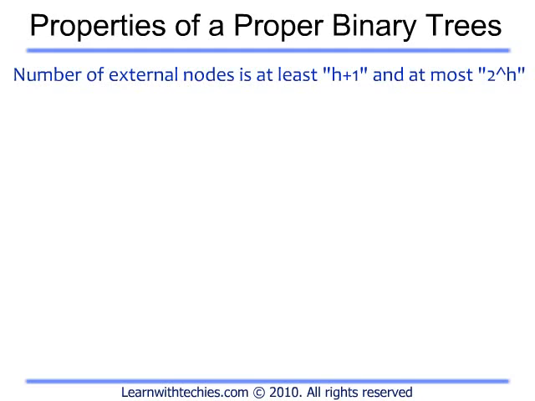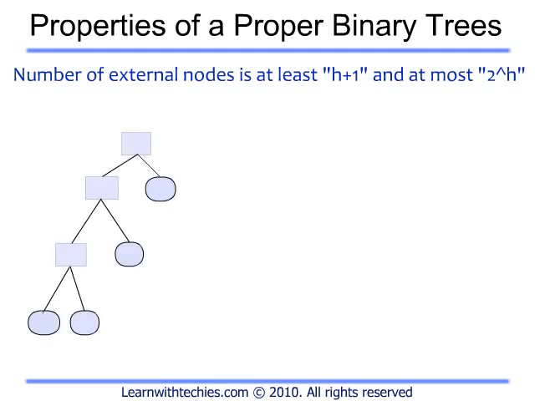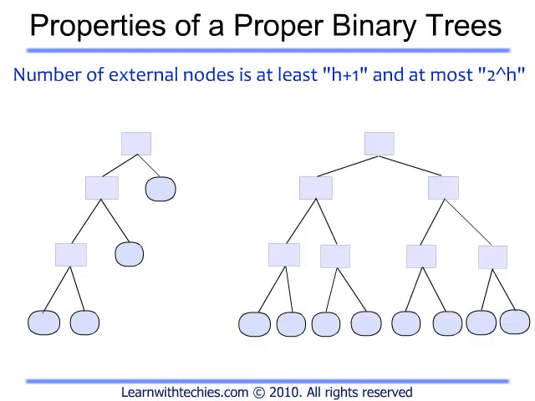So, at height 3, the worst possible tree would be this, and the best possible tree would be this. In worst case tree, number of leaves is 4, which is 3 plus 1. In best case tree, number of leaves is 8, which is 2 to the power 3, hence 8. So, the theory holds valid.